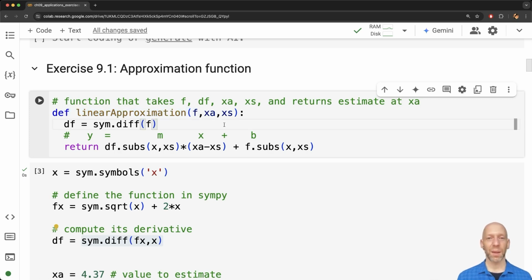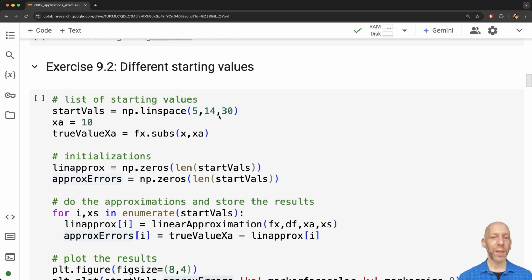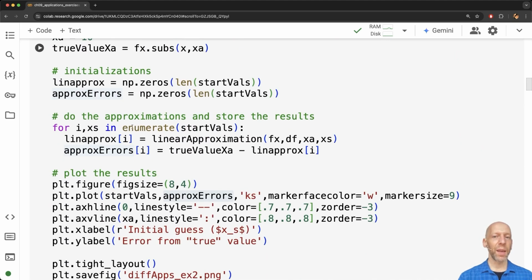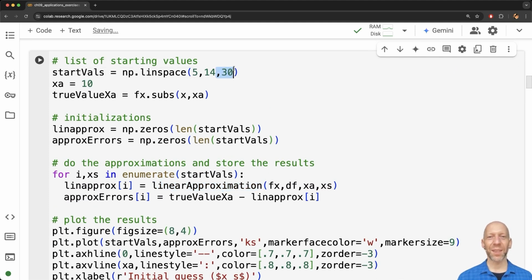But there is a reason why I decided not to differentiate inside this function, and instead to differentiate outside the function and then take the derivative as a separate object like this. And here's the reason. The reason is so that we can save computation time in a for loop like this. So imagine that this function needed to recalculate the derivative of the same function 30 times, which is not even that many.